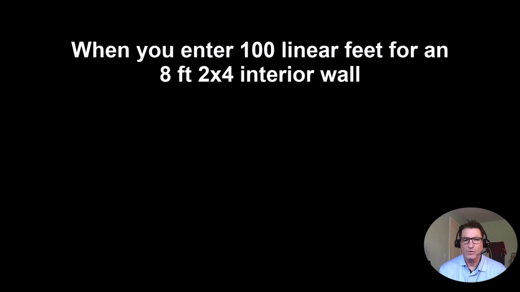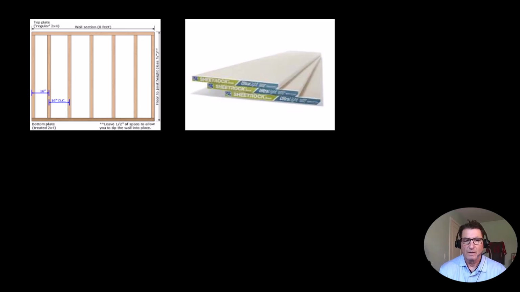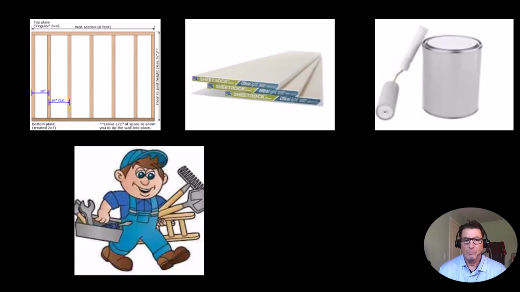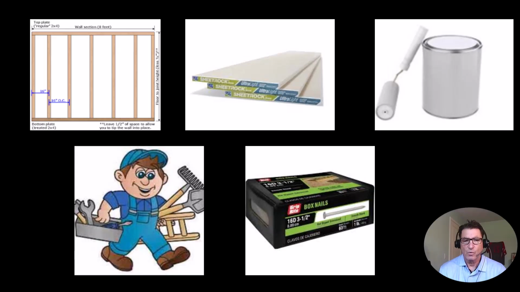For example, when you enter 100 linear feet for an 8-foot 2x4 interior wall, the assembly breaks it down into studs and top and bottom plates, sheets of drywall, gallons of paint, labor hours and subcontractor costs, and even fasteners if you want to get into that type of detail.